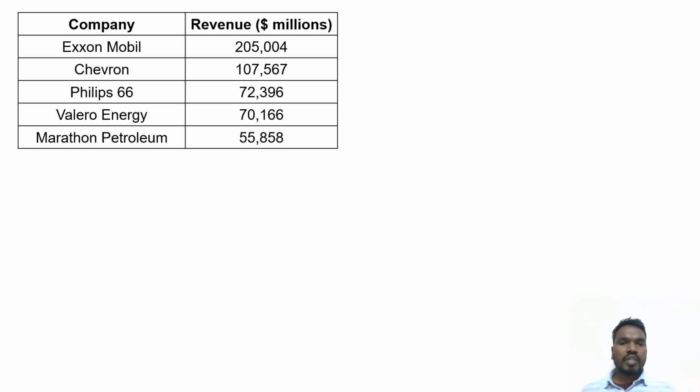Suppose I have companies and the revenue generated by each company. There are five companies: Exxon Mobil, Chevron, Phillips 66, Valero Energy, Marathon Petroleum. And these are the corresponding revenues in $1 million.